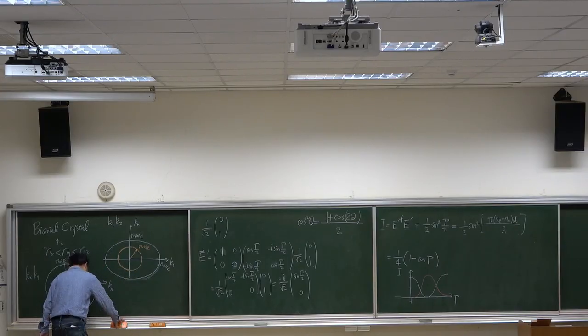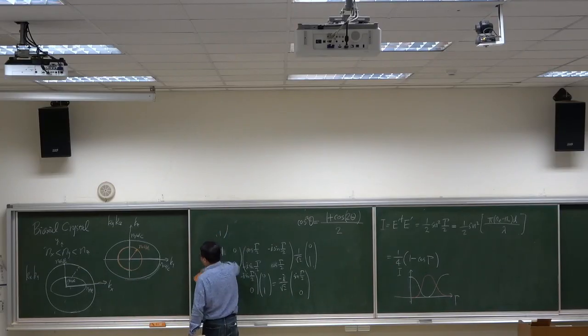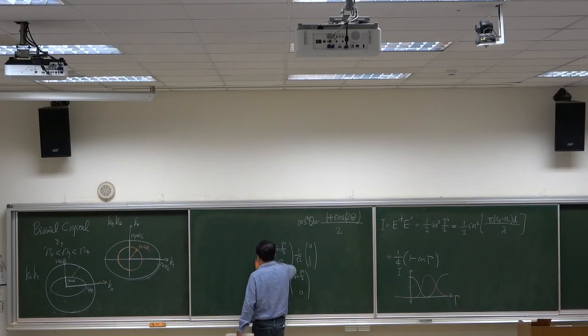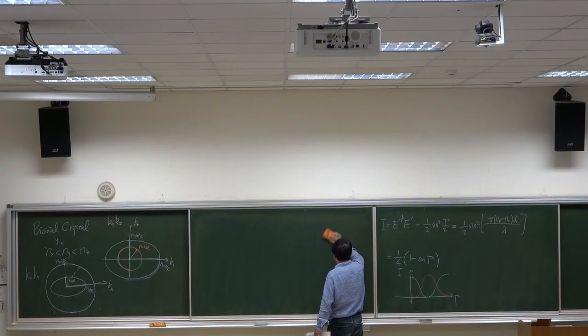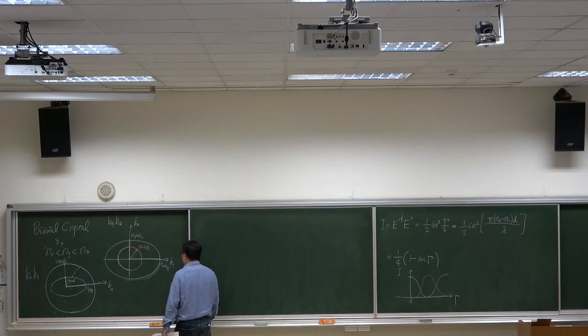Okay, and finally, in the kx-kz plane, the kx-kz plane is the most interesting part, because now we encounter the so-called optic axis, two optic axes.